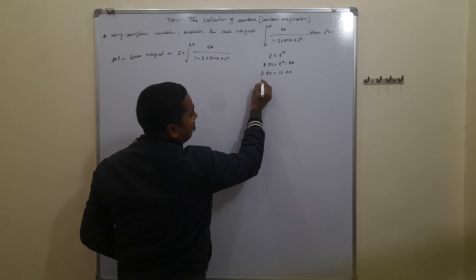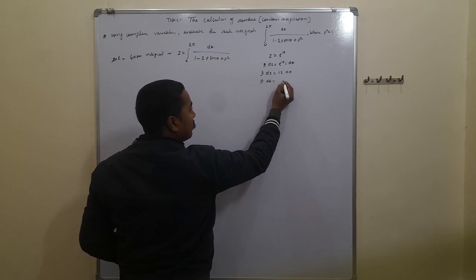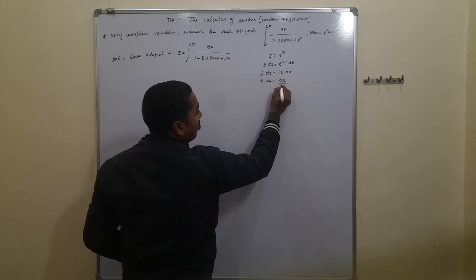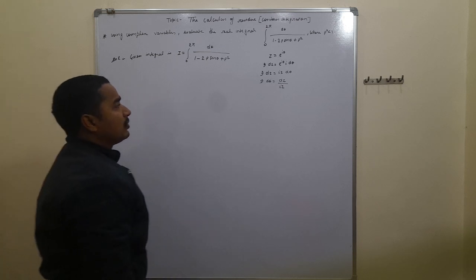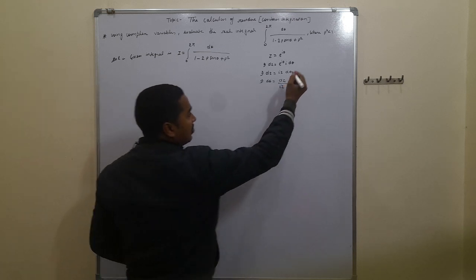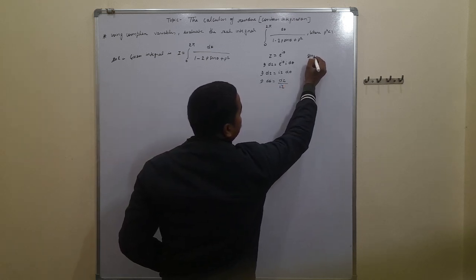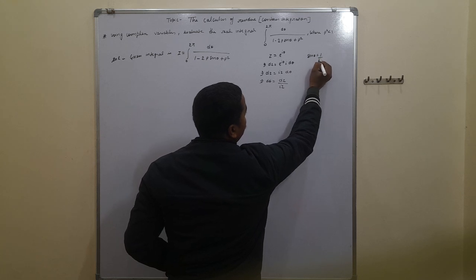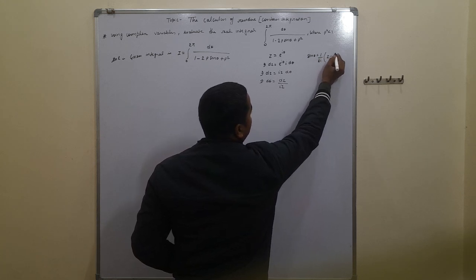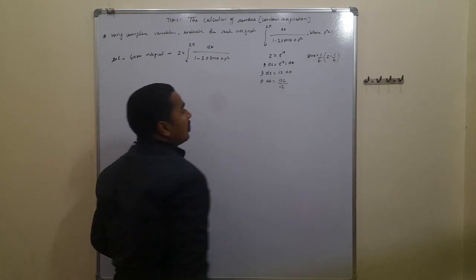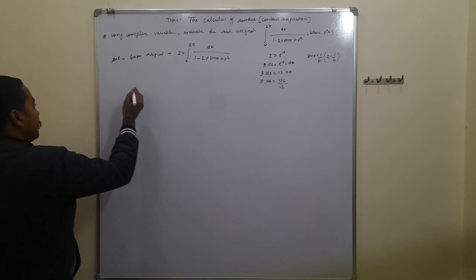Further we find d theta is equal to dz upon iz, and we also know in the complex integration sin theta is given by 1 upon 2i times z minus 1 upon z. Further we have to put the values in the given integral.